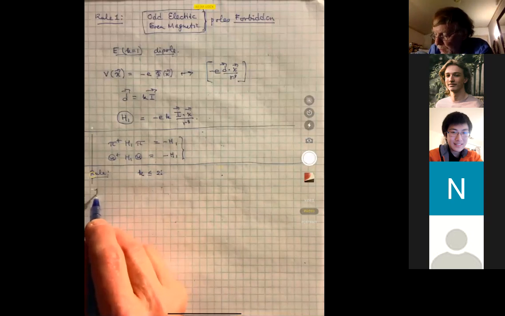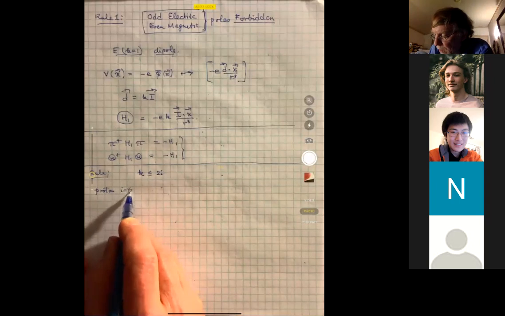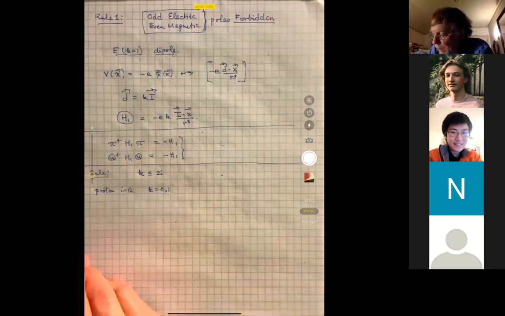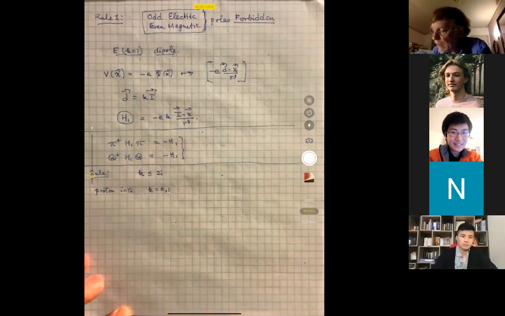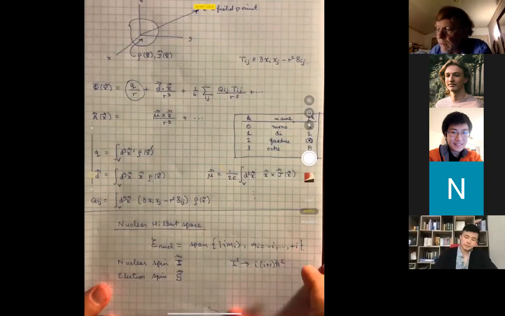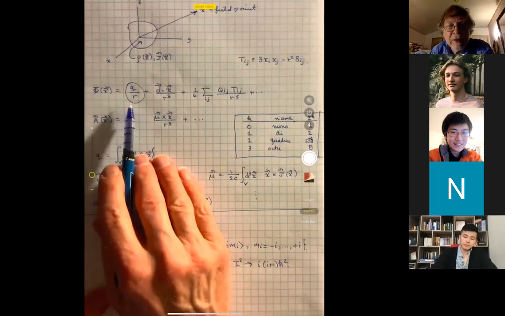For example, the proton has a spin I equals 1/2. That means that the K value can either equal 0 or 1, but it can't be any higher than that. If we go back to our series here, this means that in the case of the proton, it can have the electric monopole moment, that's K equals 0. In fact, we know that it does, that's just the charge in the electron.